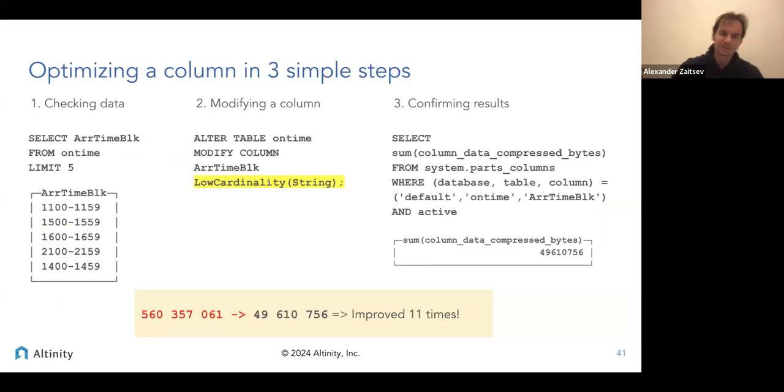And this is a very simple exercise that you can do on your data if you see something like that. First, step number 1, check the data itself and see what the data looks like. I can see that in this column, it looks like there's some range for the arrival time, which is a string, and a string which is constructed very similarly.